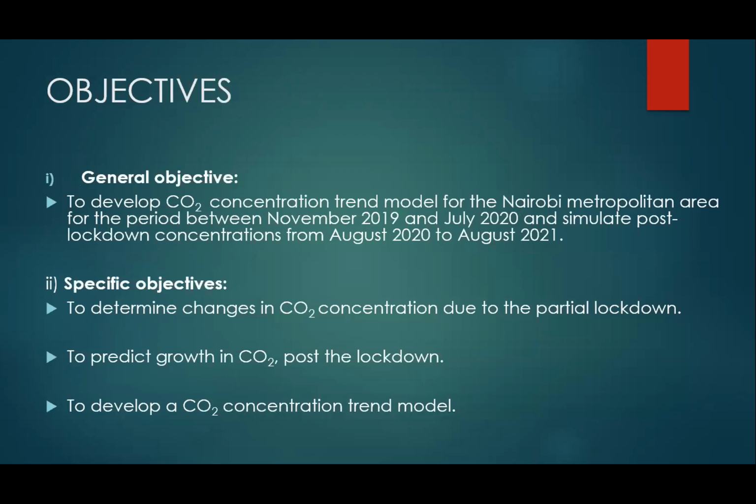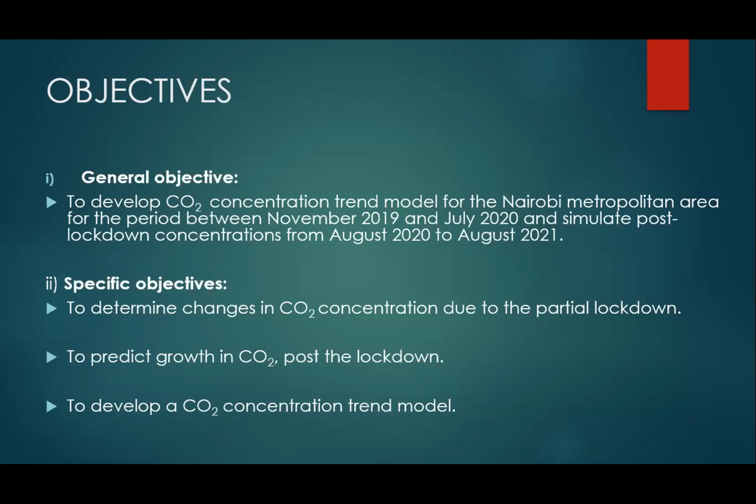So these are the objectives. The general objective here is to develop a carbon dioxide concentration trend model for the Nairobi metropolitan area for the period between 1st November 2019 and 31st July 2020. And then we simulate post-lockdown concentrations from August 2020 to August 2021, a period of 1 year.